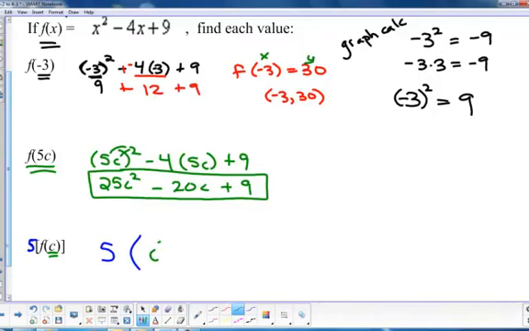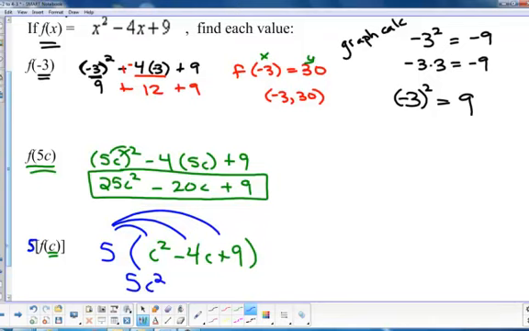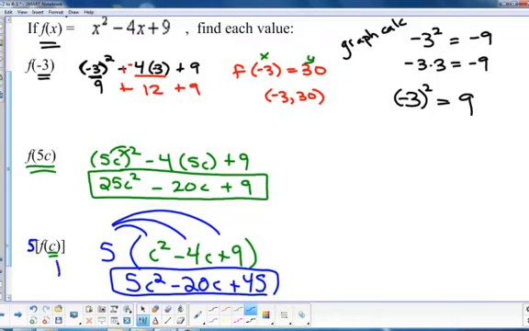So we have c squared minus 4c plus 9. So our answer would be to distribute this 5 to get rid of the parentheses. So we have 5c squared minus 20c plus 9 times 5, which is 45. So you really have to read your initial function notation. This is what you plug in for f, for x, into the function f.